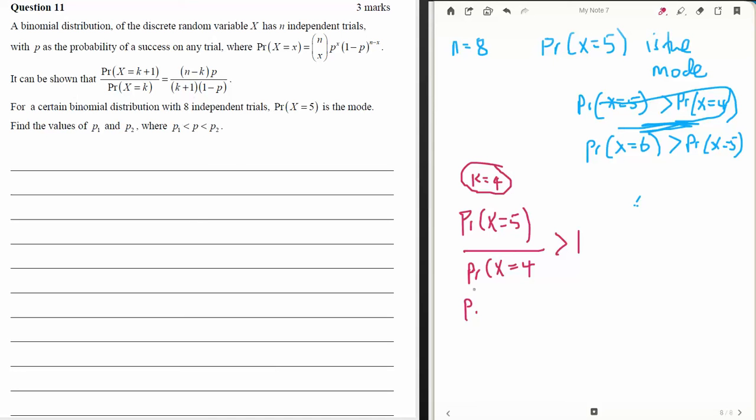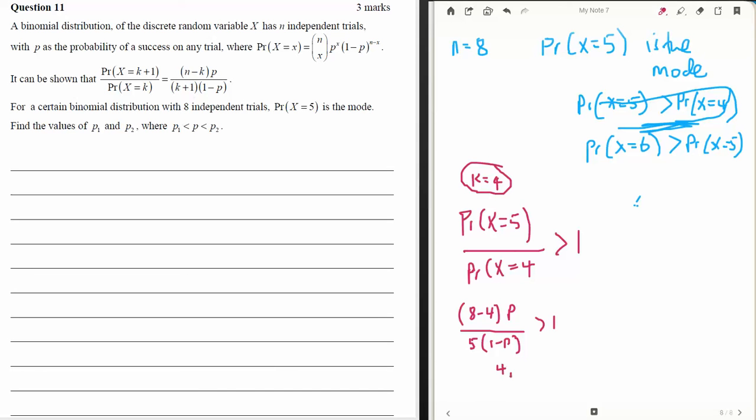Since k equals 4, then I know that 8 minus 4, that's n minus k, times p over k plus 1, where k is 4, so 5, times 1 minus p is greater than 1.